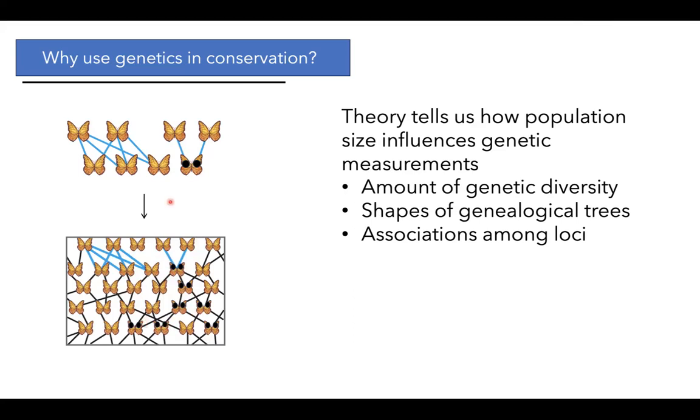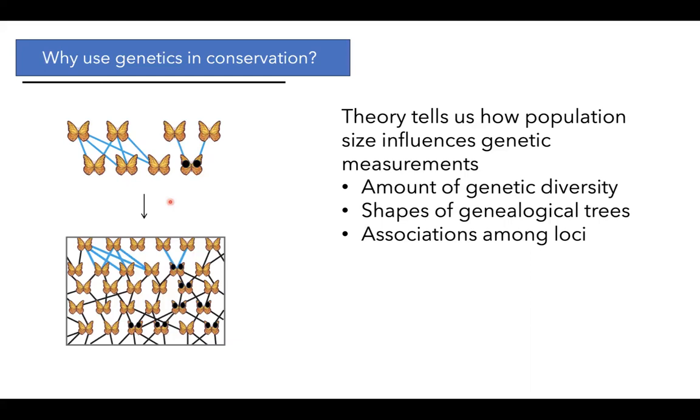And population genetic theory tells us how population size influences genetic measurements that we might make in this population. So if we look at just say the amount of genetic diversity, how many alleles or how many different variants are present in the population at some time, population genetic theory tells us how much we might expect.